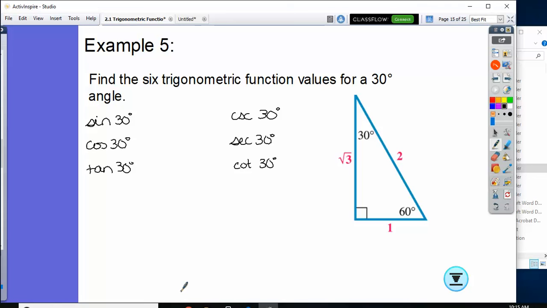So from my 30, sine is opposite over hypotenuse. So the sine of 30 is 1/2. That means cosecant of 30 would be 2 over 1, which is just 2.